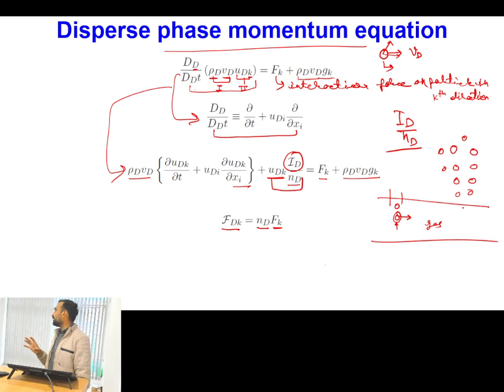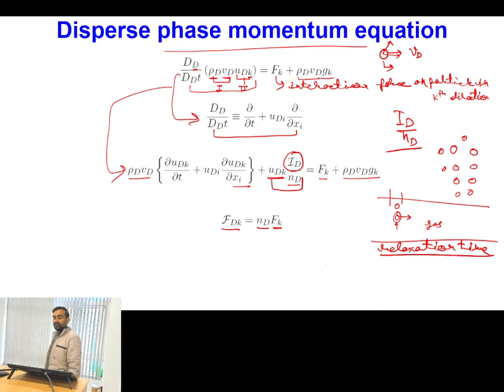When the forces acting on the particle come into equilibrium, after that the particle will keep on moving with the same velocity without any acceleration. Is this one clear? The time taken by a particle to adjust to the surrounding fluid situation is called the relaxation time. Is this point clear?